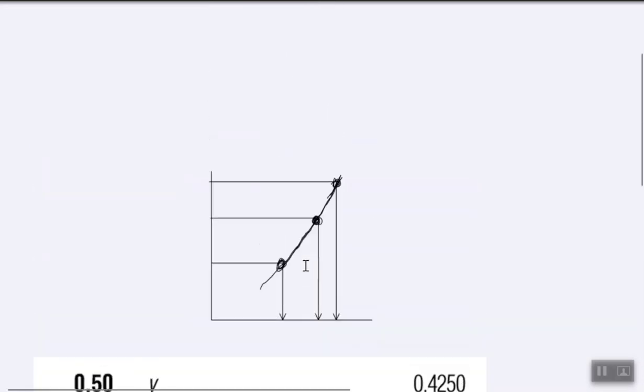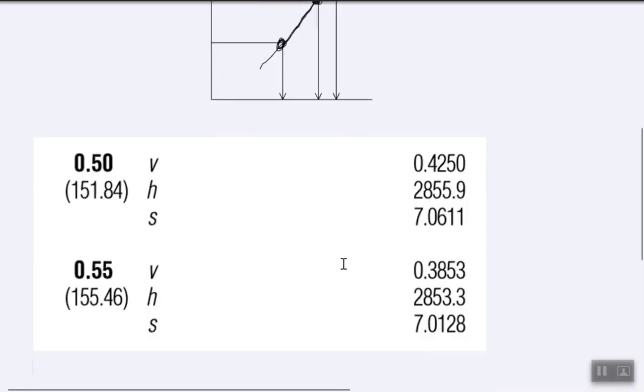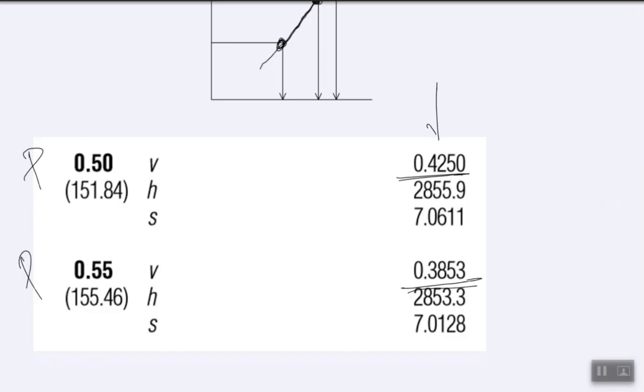So what we have over here is a pressure of 0.5 and a pressure of 0.55, corresponding to volumes of 0.4250 and 0.3853 at a temperature of 200 degrees centigrade.